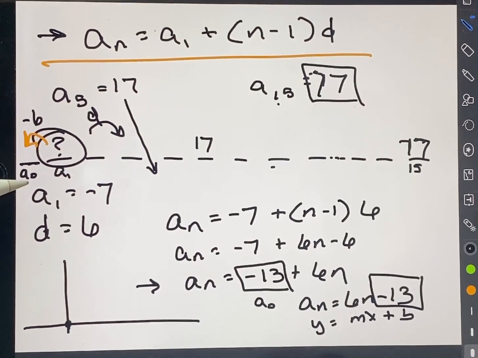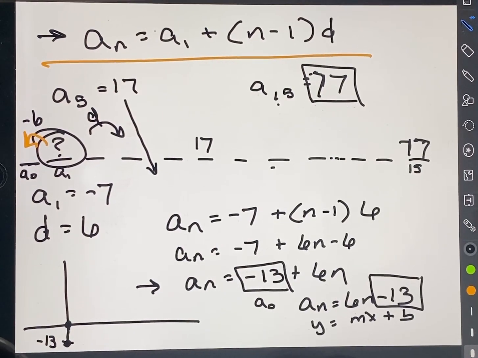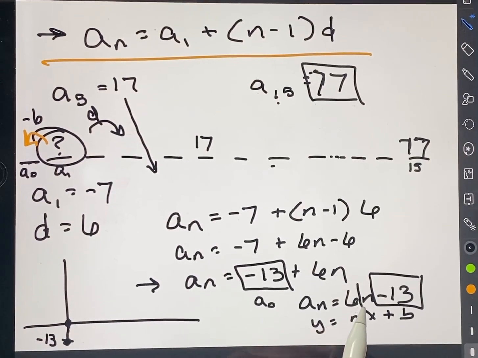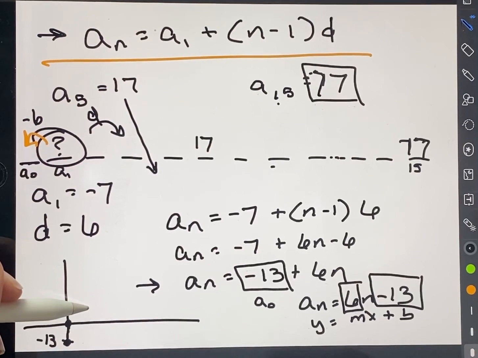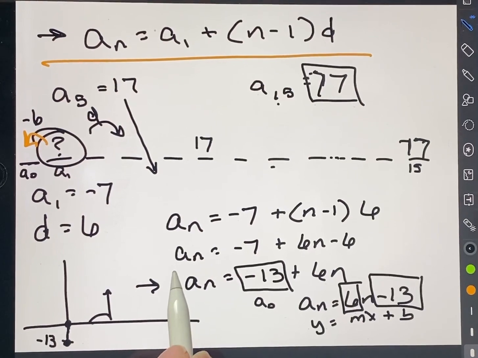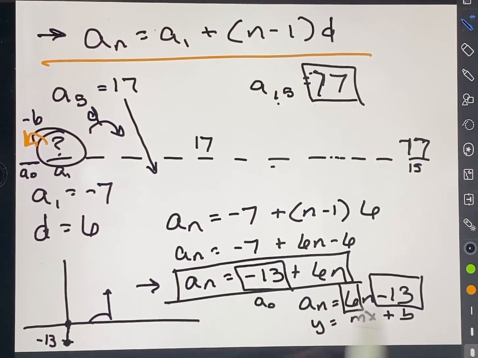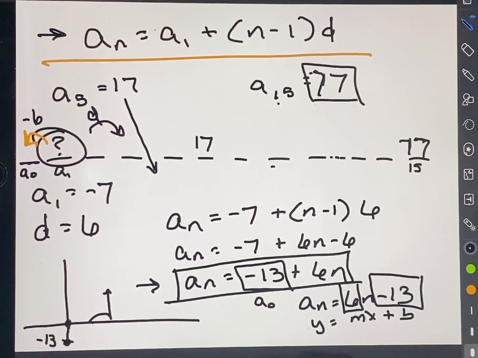And in this case, if I say a sub 0, so when x equals 0, I'm at -13 down here, we find that it is in fact our y-intercept on the graph. We also find that the amount we are jumping by is our slope, because every time I go over one, I'm going up 6, and I go to the next one, I'm going up 6. And so our generic expression becomes the equation of the line to graph this entire sequence.